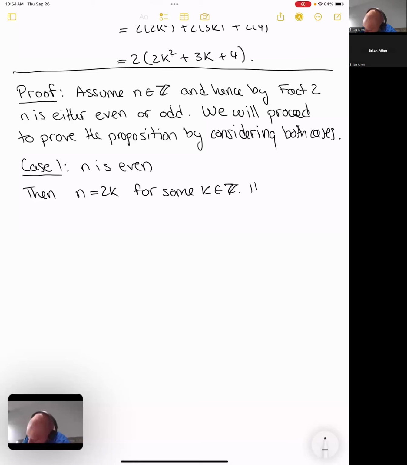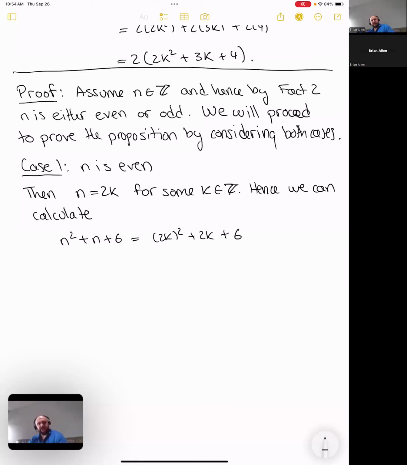So hence we can calculate n squared plus n plus 6, which is equal to 2k squared plus 2k plus 6. So notice, assuming it's even gives me something to work with. It gives me n is equal to 2 times k, and that gives me something to play with here. So now I can pull out a 2, and I'll get 2 times (2k squared plus k plus 3).